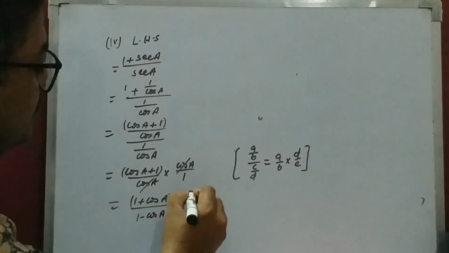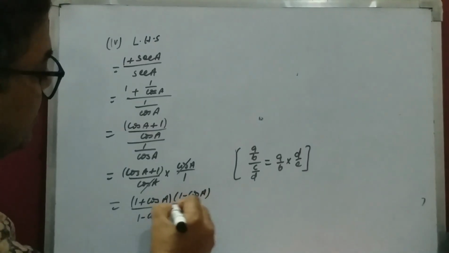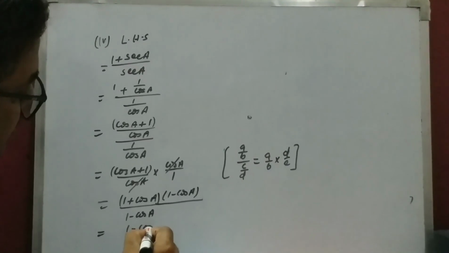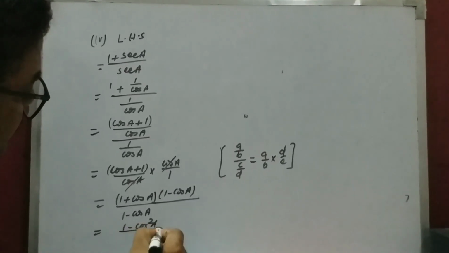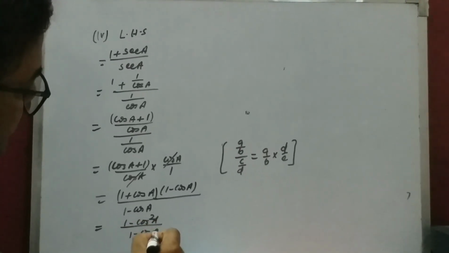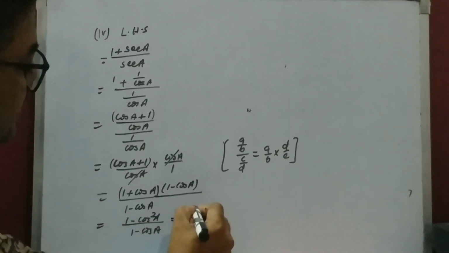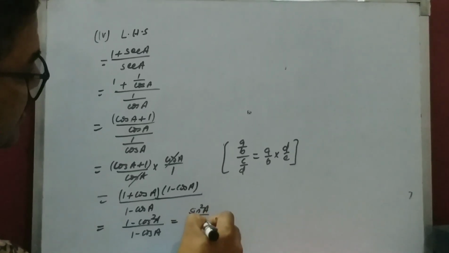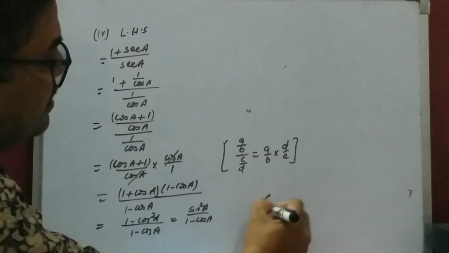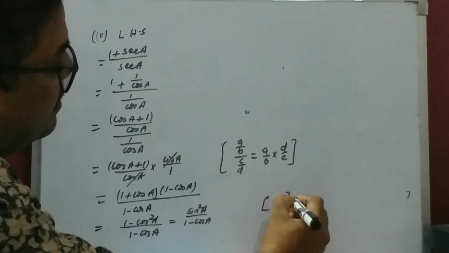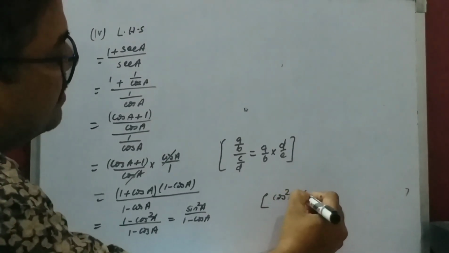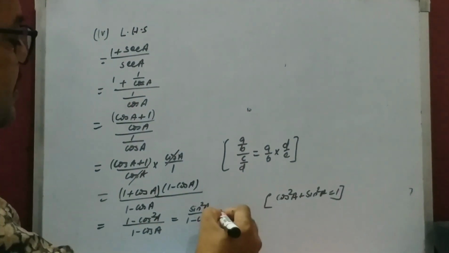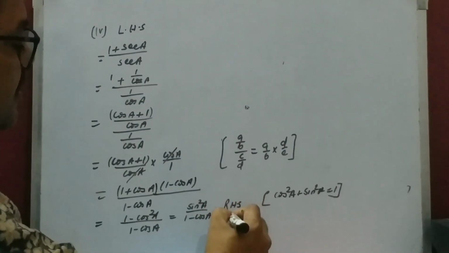So 1 minus cos A is also written here, and now this becomes 1 minus cos square A upon 1 minus cos A, and this is sin square A upon 1 minus cos A, because you know that cos square A plus sin square A is equal to 1, and this is RHS, hence proved.